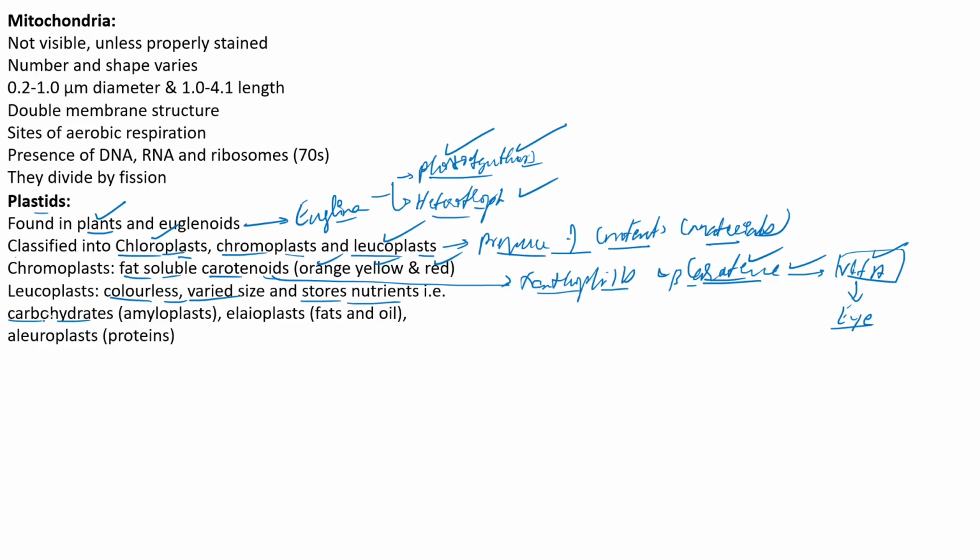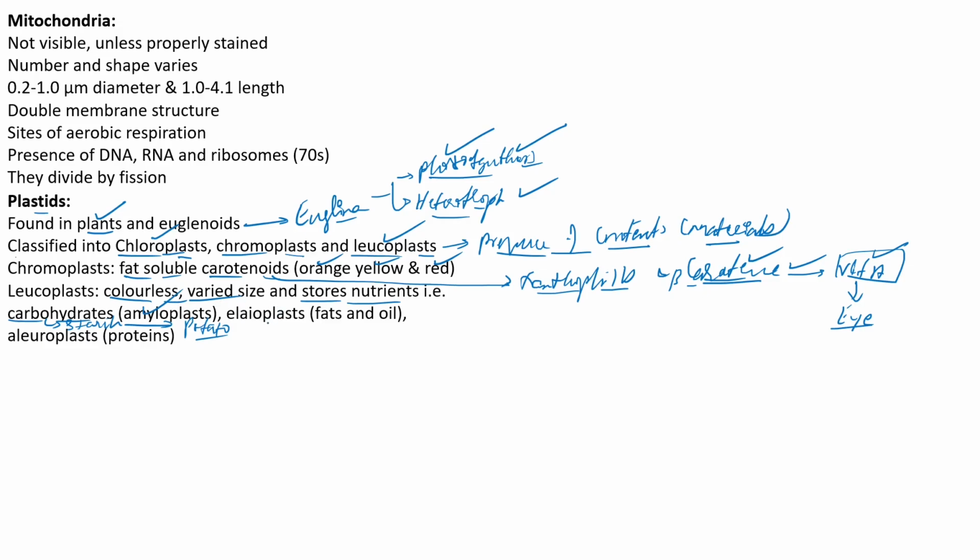It is starch, remember it is starch. An example of amyloplasts storing starch is the potato. Potato has a high amount of amyloplasts which store starch, and starch is an example of carbohydrates. So one type of leucoplast is the amyloplast.